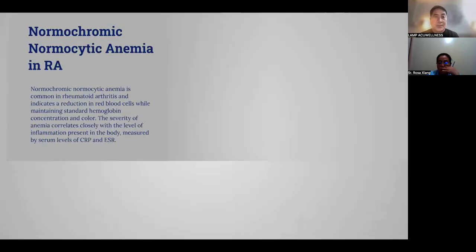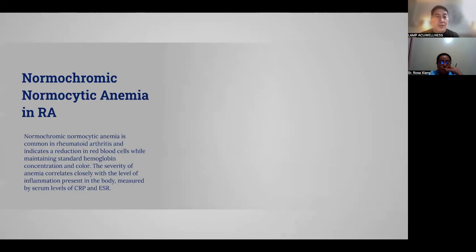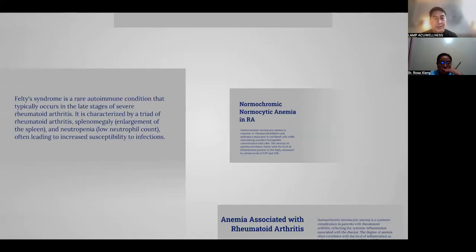No? Okay. This is common in RA, normochromic, normal shape, normal size. It indicates reduction in red blood cells while maintaining standard hemoglobin concentration and color.